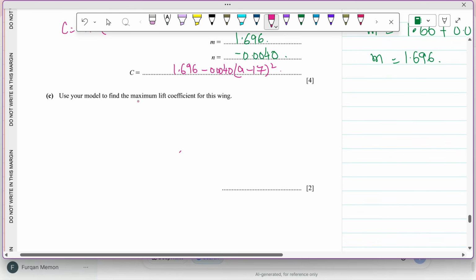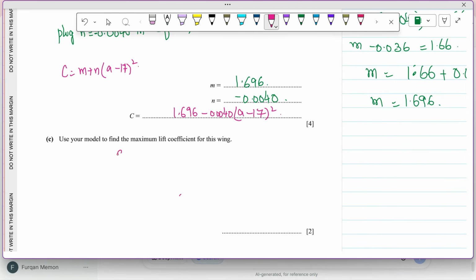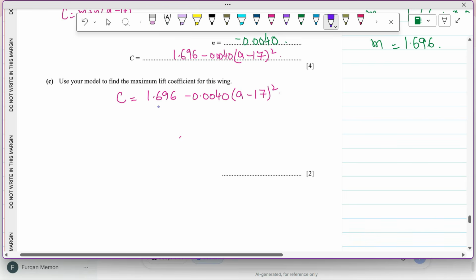Use your model to find the maximum lift coefficient for this wing. We have the lift coefficient, which is 1.696 minus 0.0040 times (a minus 17) whole square. Okay, this is the equation of the lift coefficient. We can achieve the maximum value if this term becomes 0, because this term is positive, and when a positive value is multiplied by a negative value, it becomes negative, so it would decrease the value of 1.696.